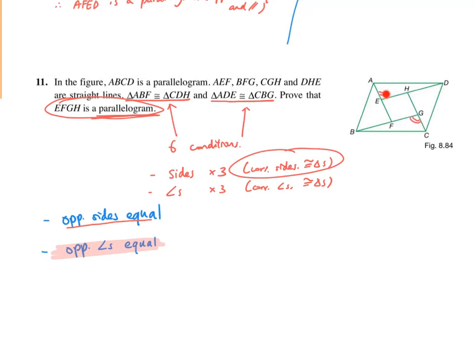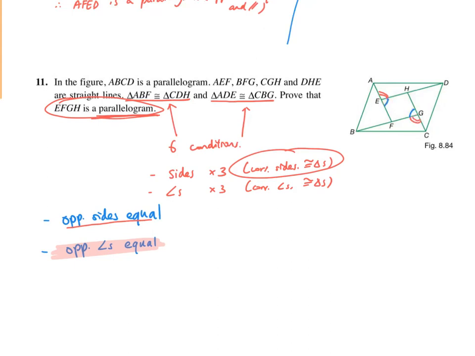You can look for the corresponding angles here, which is AED and CGB. They are the same. So when you have the adjacent angles on straight lines, they should also be the same. It means the two blue angles here are the same. So for writing this, you have to present very clearly like corresponding angles, congruent triangles, and then adjacent angles on straight line, adjacent angles on straight line.